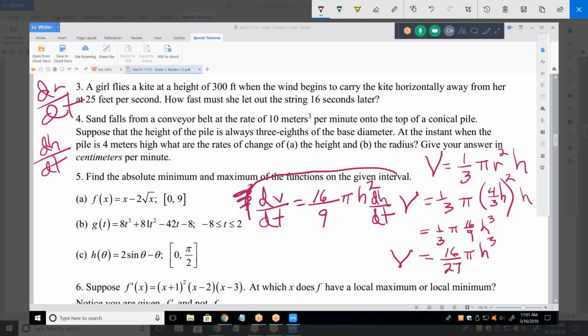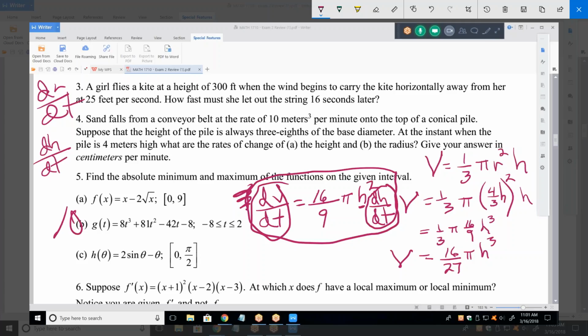Once you get to this point, now we're trying to solve for this, and I can plug in for h and dV dt. They told us what dV dt was, 10.